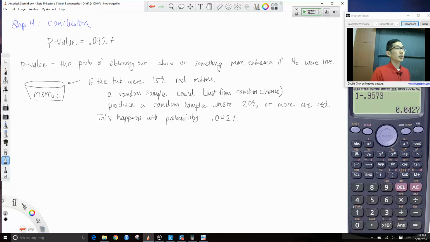So again, the p-value is the probability of observing our data or something more extreme if the null hypothesis were true. And what we're saying is that, yeah, could a random sample end up being 20% or more red just from random chance?